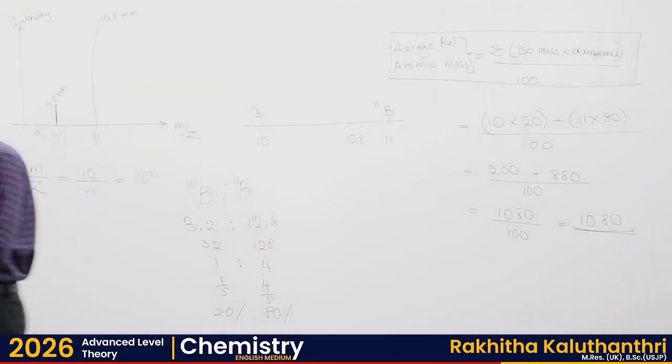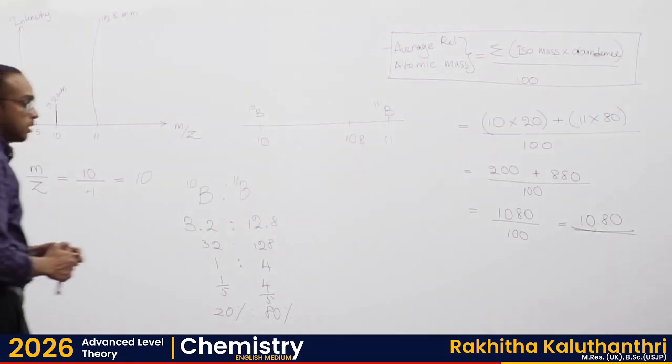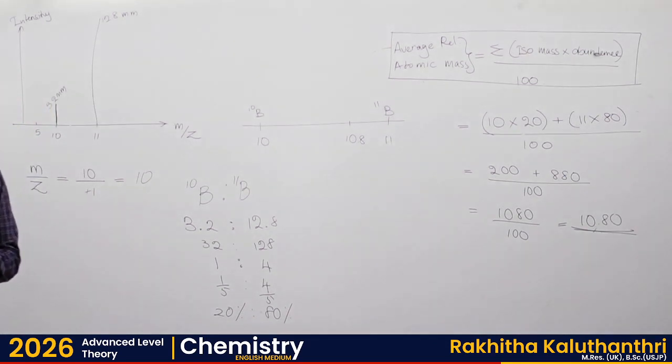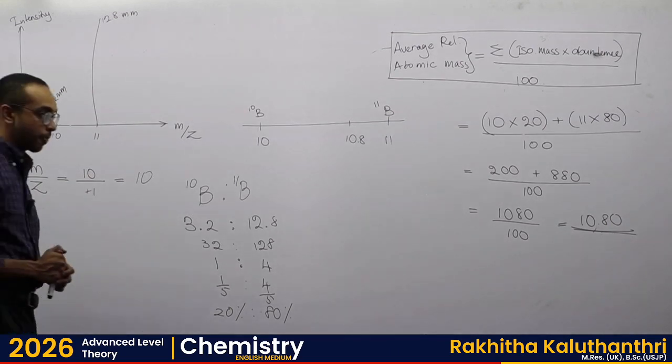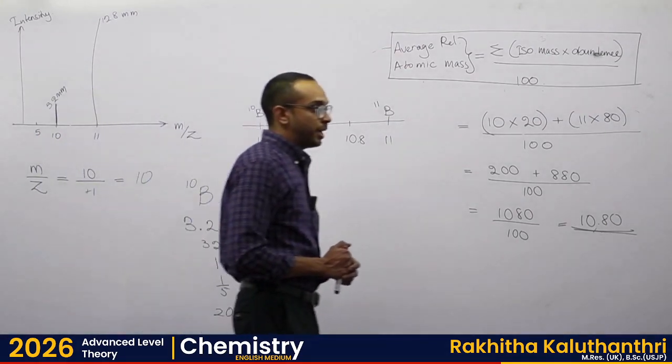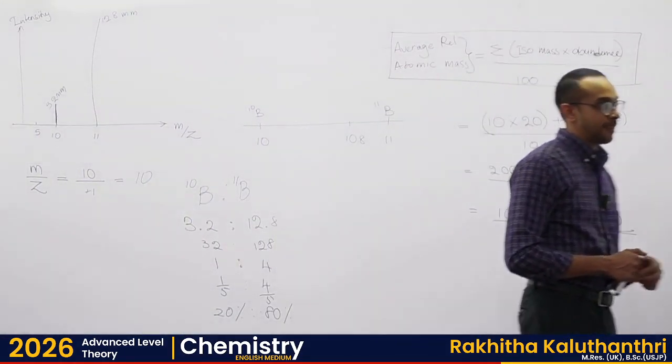the average relative atomic mass should always be between the isotopic masses.